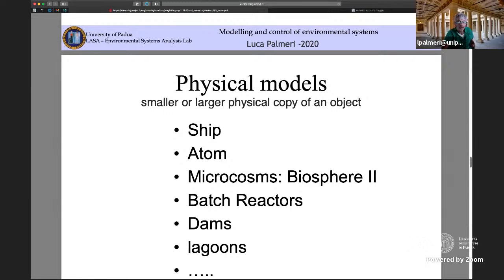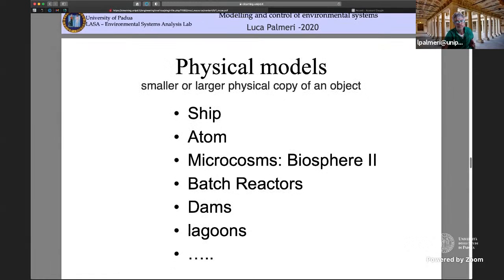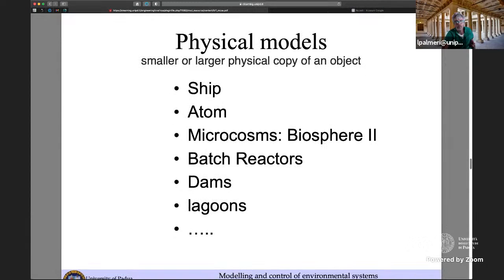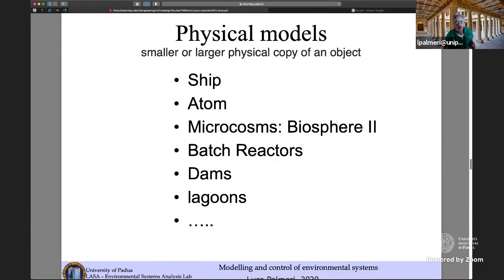Okay. Physical models, again, we are doing some enumerations. Typically, physical models are a smaller or larger physical copy of an object. As I already described to you, for the description of the lagoon of Venice, you use concrete and iron, or plastic or whatever you want, to construct a physical object that is a copy of the system that you want to describe.